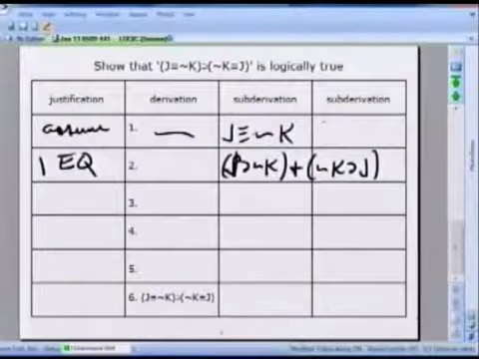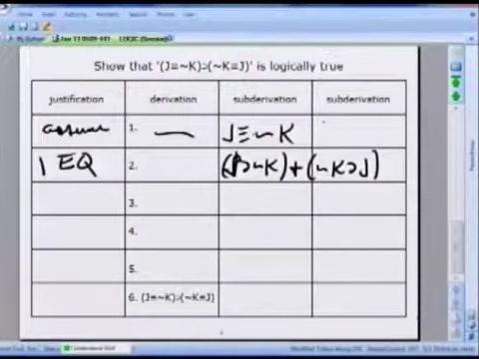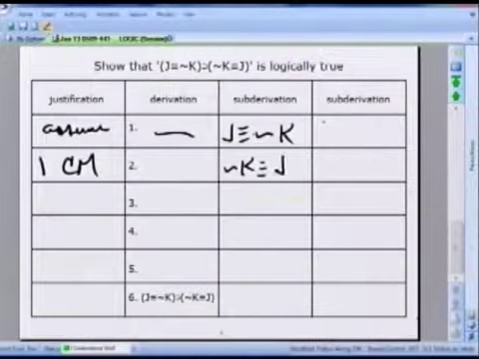Anybody see a very quick, simple method? Yep. You could do one commutation and then not K, triple bar J. 1 CM. Right? That's what you had in mind?